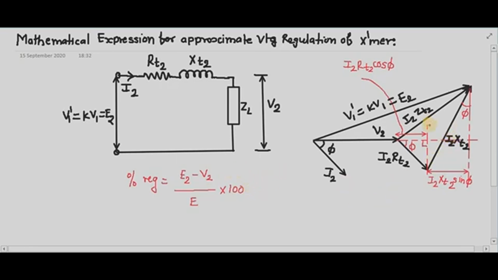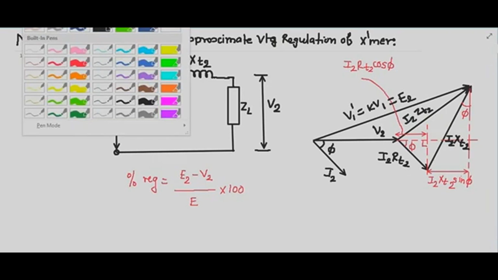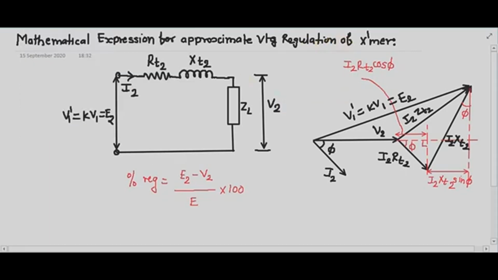Now from this triangle, again I will highlight this triangle. One minute please. I will highlight this triangle. From this triangle, what can I write down?